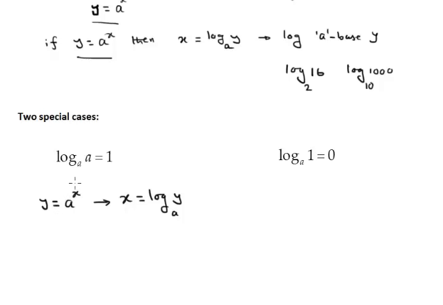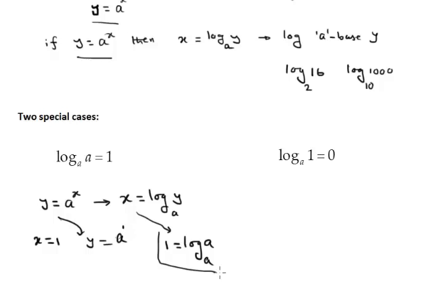Now if we put x equals 1, we get y equals a to the power 1, that means y equals a. So when x is 1, y is also a.